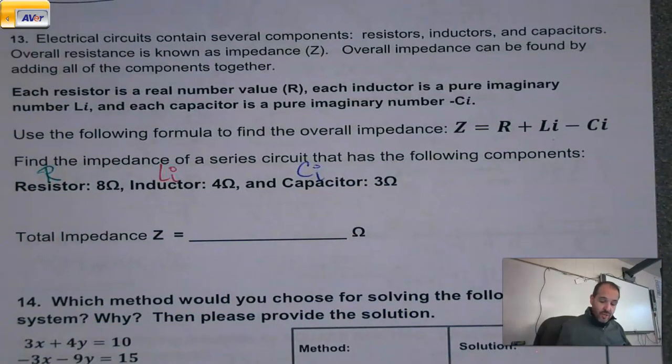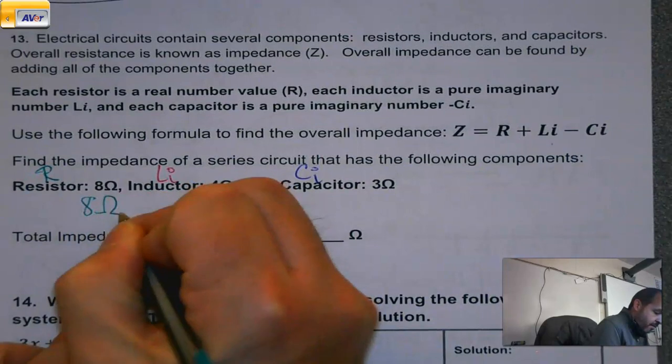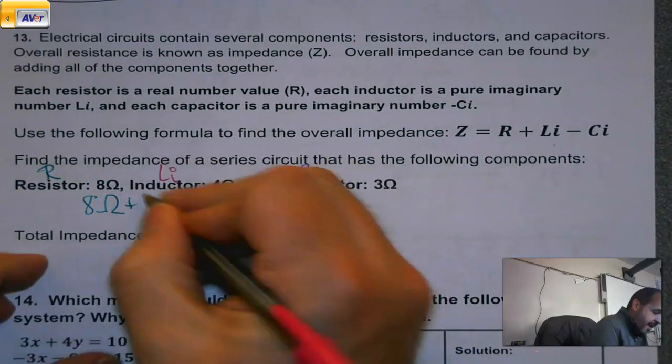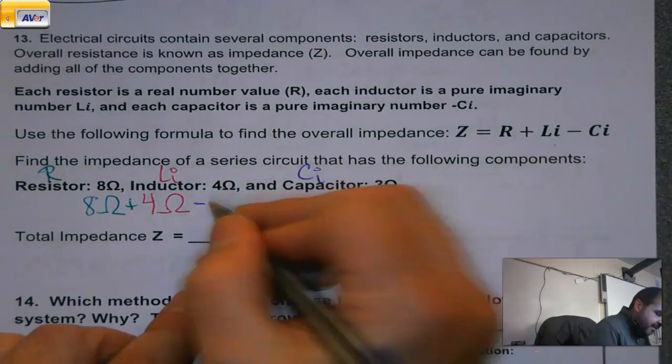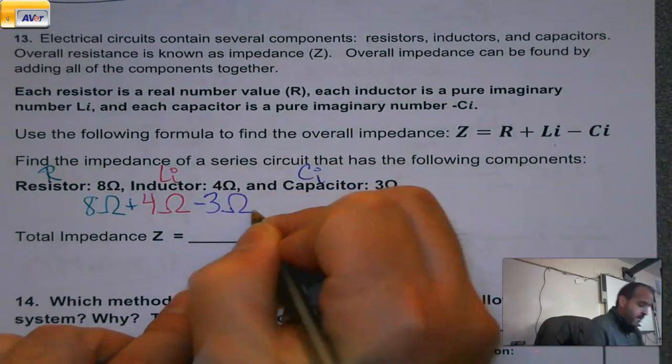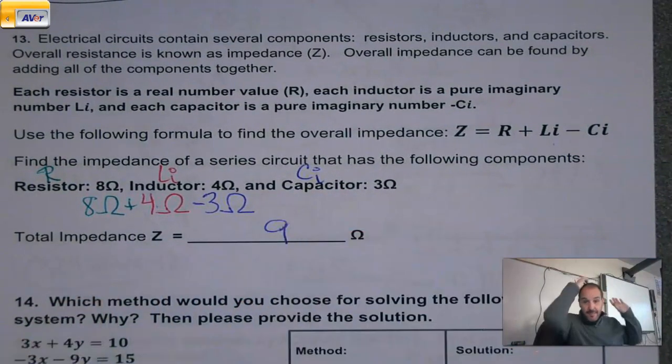So seriously, all I'm doing is R plus L minus C. 8 plus 4 is 12, minus 3 is 9. Keep it simple. Don't let the words mess with you, okay? Just keep the labels and roll.